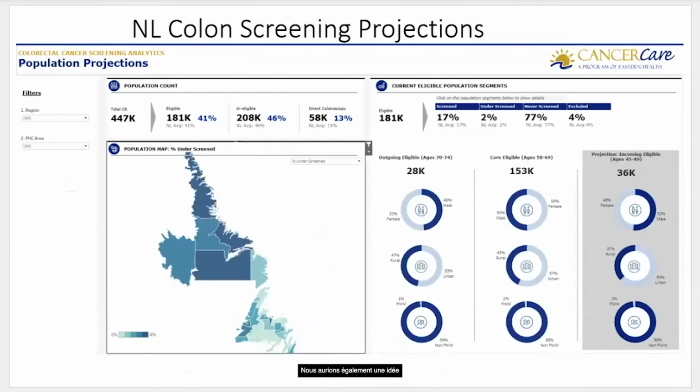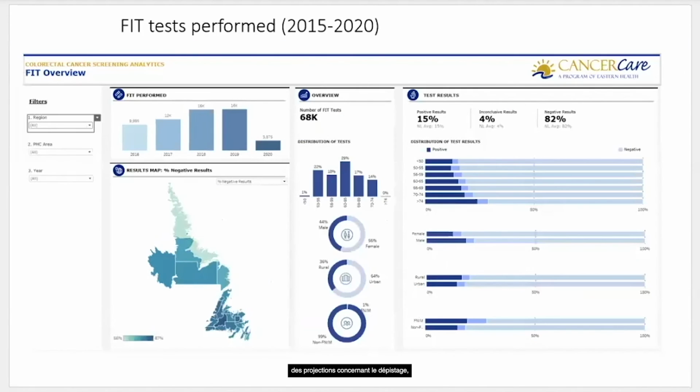We would also get an idea of screening projections, but also fit tests performed. Over a 5-year period, we did around 68,000 tests. Our positivity rate has stayed stable at around 15%. We could go into our dashboard and click on any of these different regions.